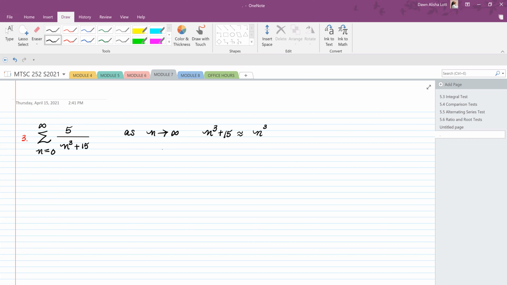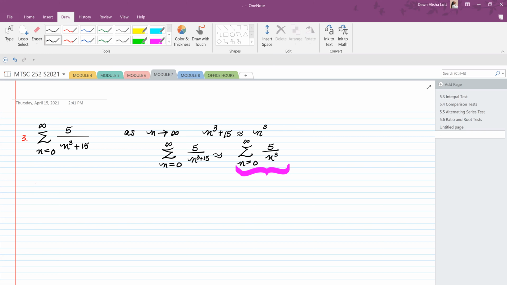So therefore, the summation, n equals 0 to infinity, of 5 over n cubed plus 15 starts to look like 5 over n cubed. Now that I know what it starts to look like, I can compare the two series.